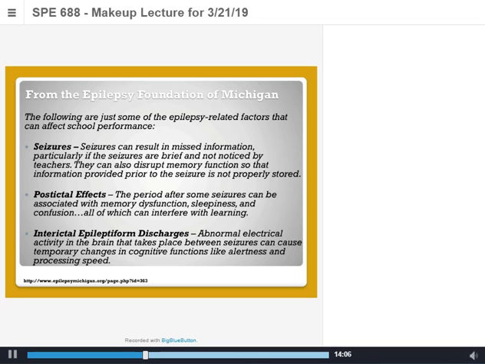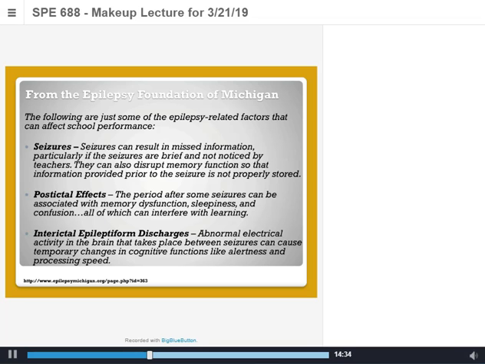They state that seizures can result in students missing information, especially if the seizures aren't the grand mal or tonic-clonic kind where the student is obviously having a seizure. They can have petit mal or absence seizures where they just seem to space out, and so we don't realize they're having a seizure, and it may just look like they're not paying attention.